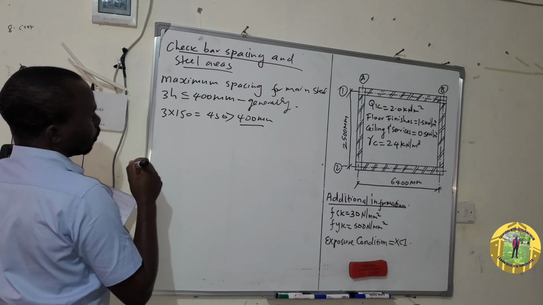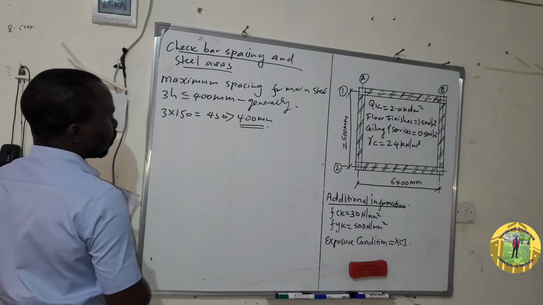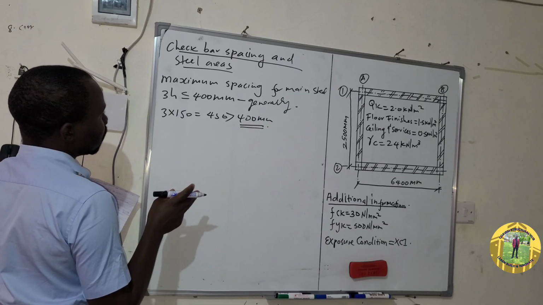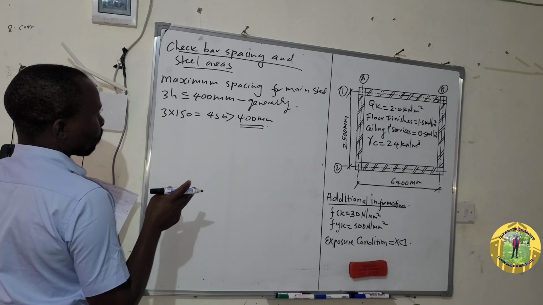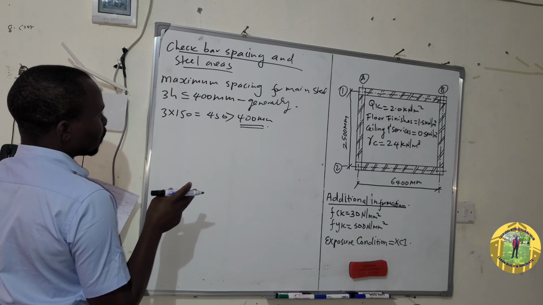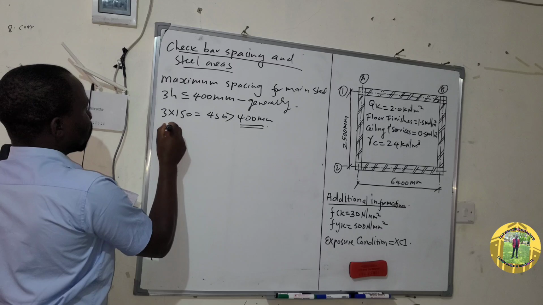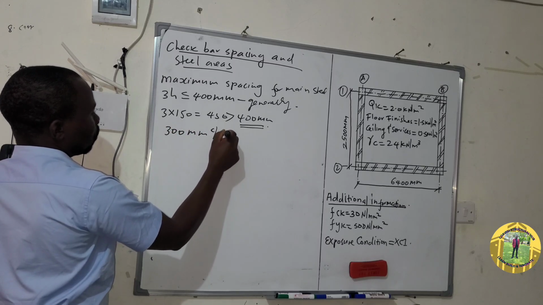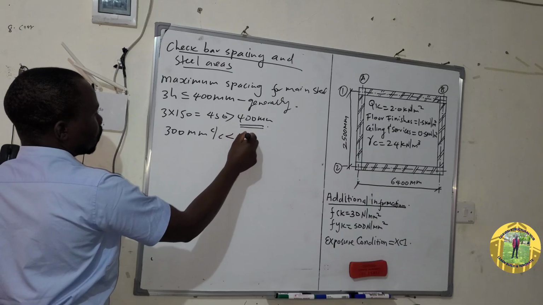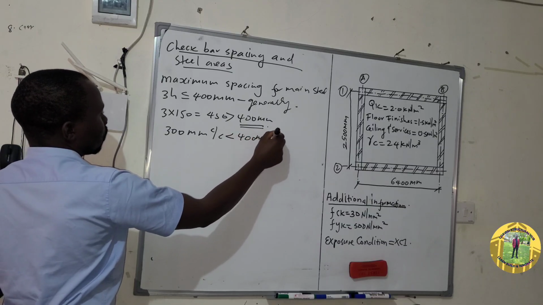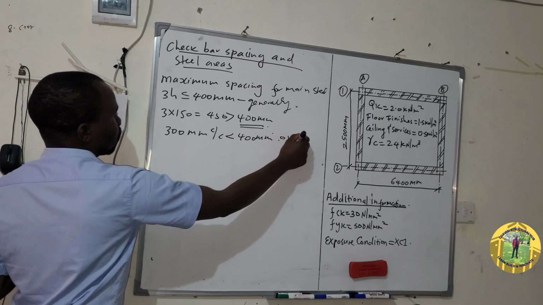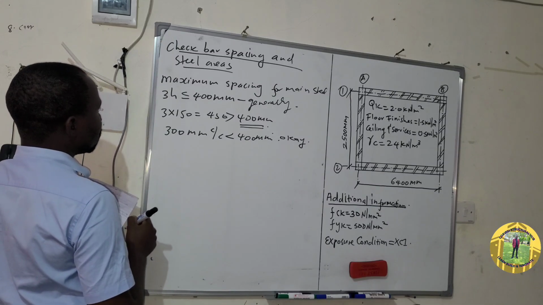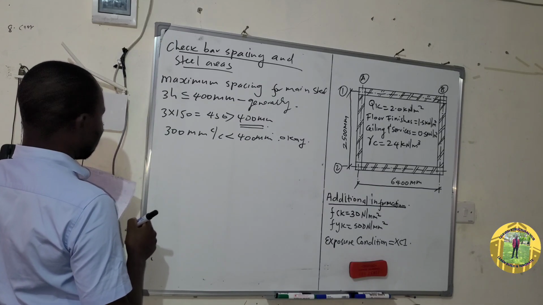The one we have been provided due to the steel designed is 300 millimeter center to center, which is less than 400 millimeter. Therefore, okay in general.